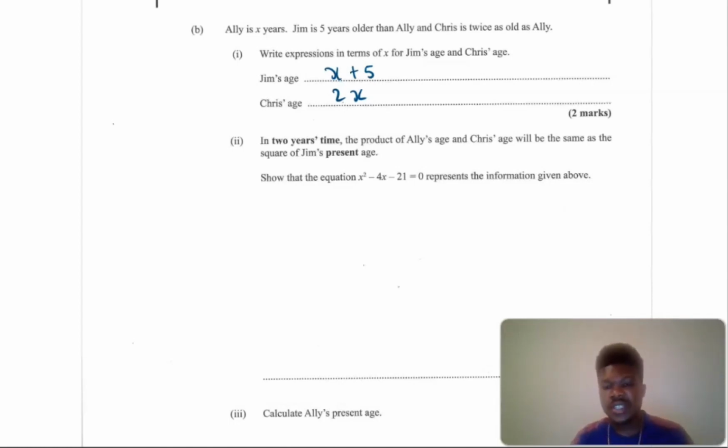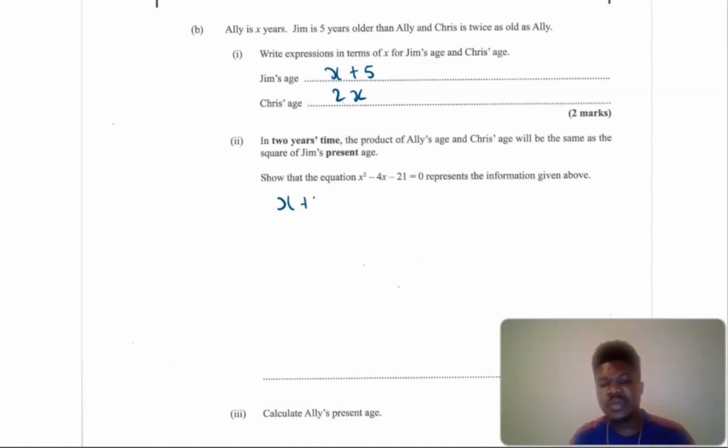So it says in 2 years time, the product of Ali's age. In 2 years time, the age is going to change. Everyone's age is going to increase by 2. So in 2 years time, the product of Ali's age and Chris's age will be the same. So in 2 years time, Ali would be x plus 2.